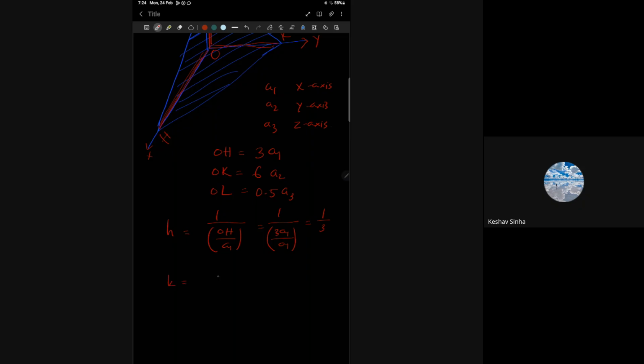K is 1 by OK by A2, equal to 1 by 6A2 by A2, which is 1 by 6.